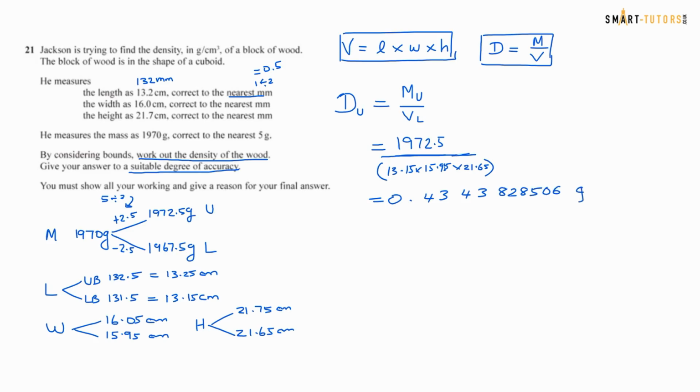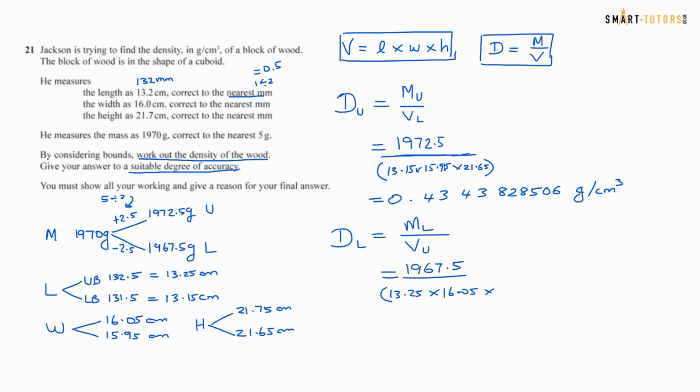I got an answer here: 0.4343828506 grams per centimeter cubed. So density lower is mass lower over volume upper.